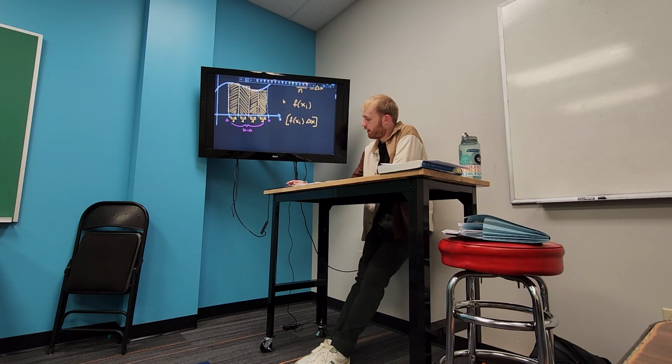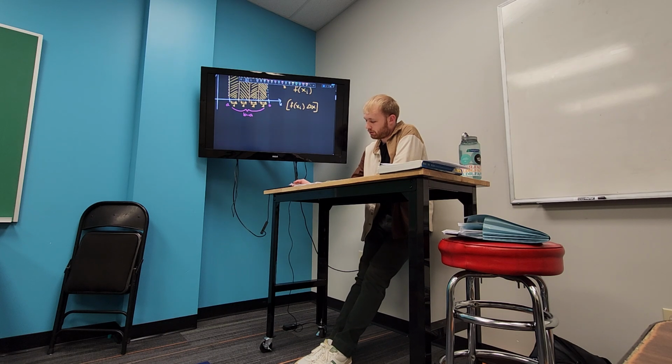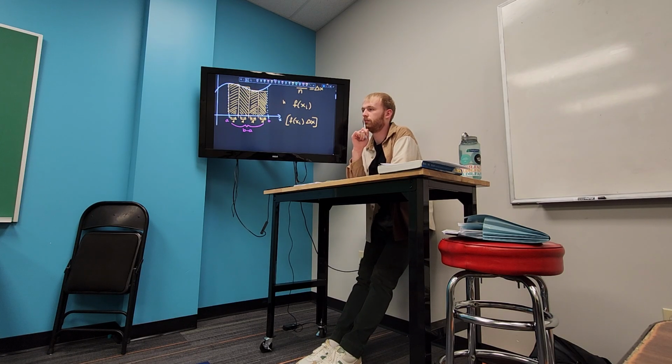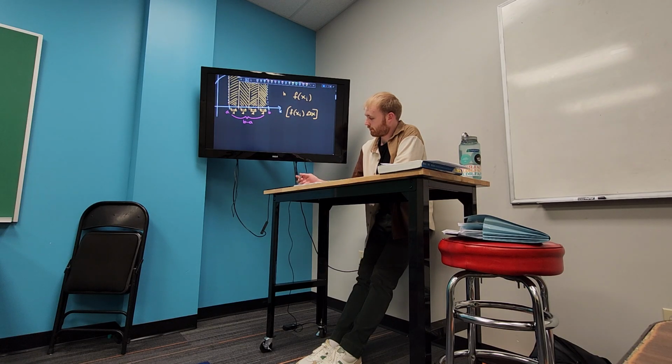What is the total area for this figure in general? f of x1 delta x plus f of x2 delta x plus f of x3 delta x plus f of x4 delta x.